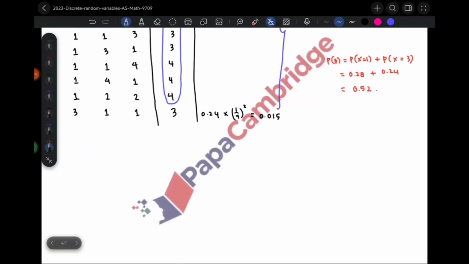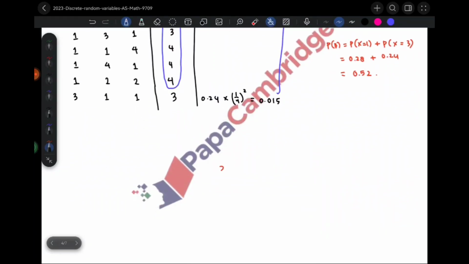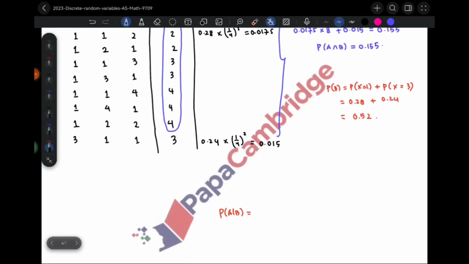All right, so the result is probability of A given B equals 0.155 over 0.52, which gives us 0.298 to 3 significant figures.